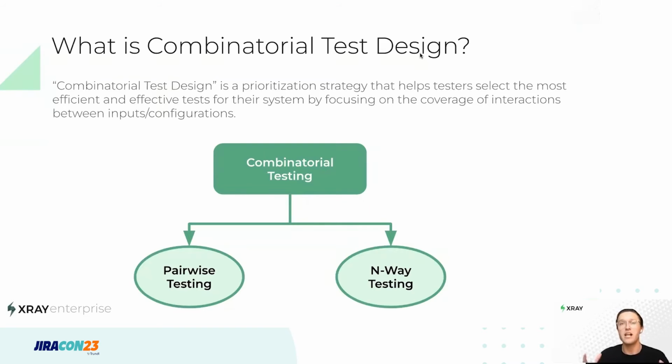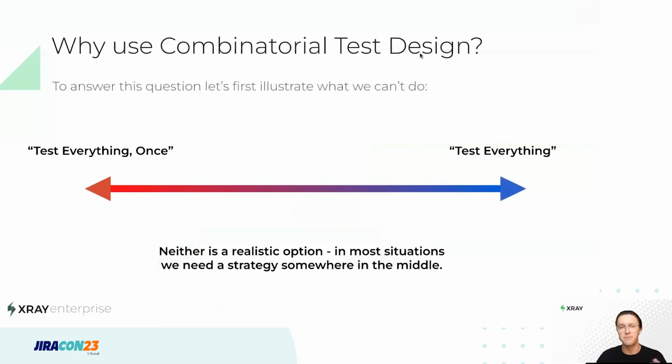In a nutshell, it's a prioritization strategy that helps testers select the most efficient and effective tests for their system by really focusing on the coverage of interactions between inputs or parameters and all the various different configurations there. Combinatorial efforts, though, can really be broken down into two main categories. There's pairwise testing and there's n-way testing. And let's take a look at what I mean by that.